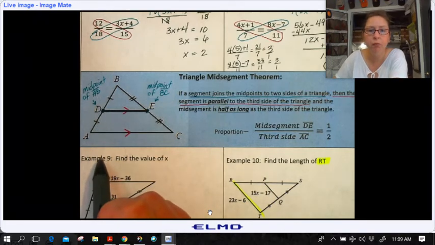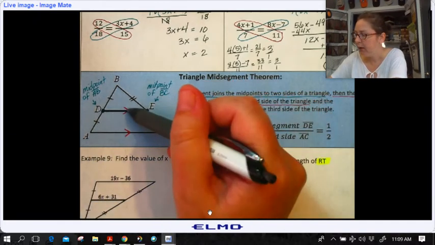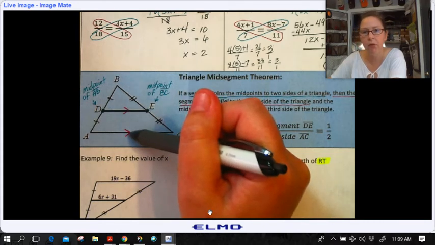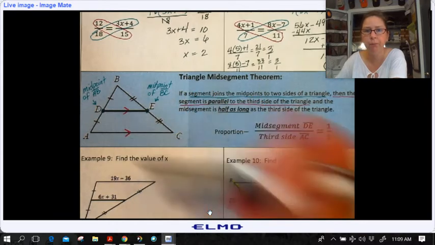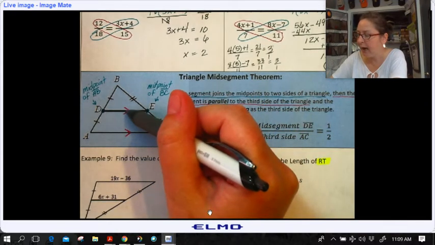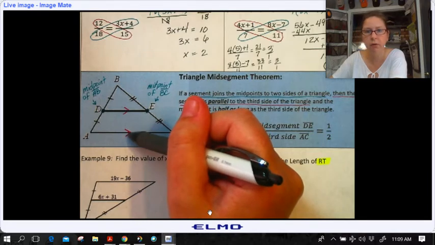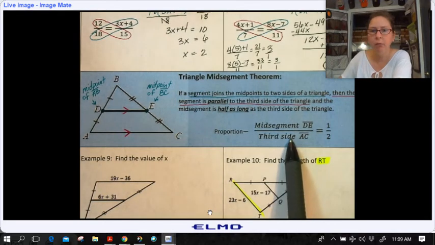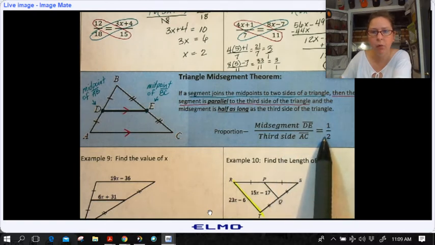Then what you know for sure is that the mid-segment is parallel to the third side of the triangle. And the mid-segment is half as long as the third side. Okay, so I have written our proportion over here for us.